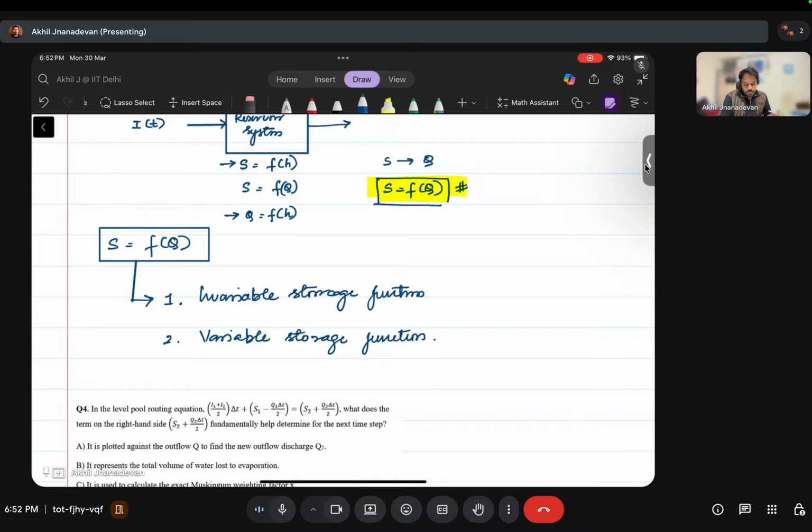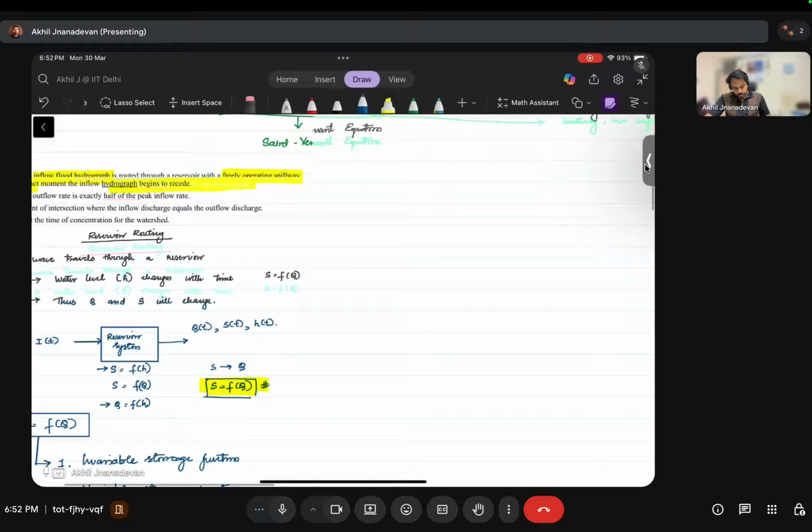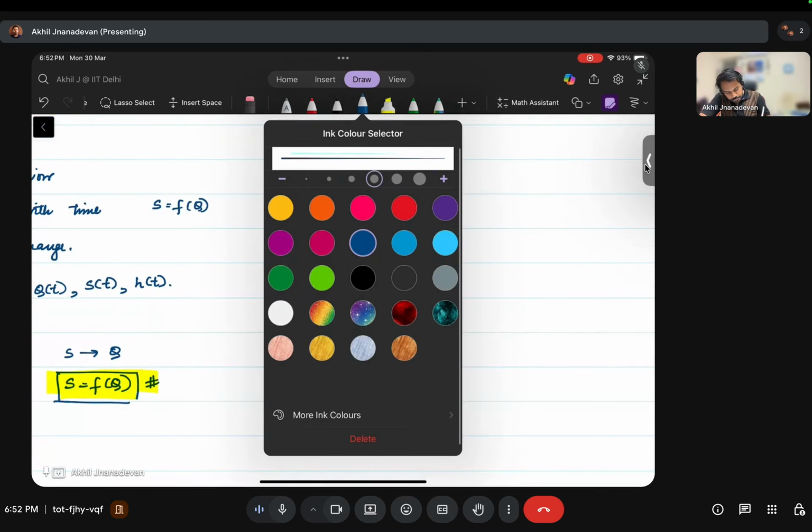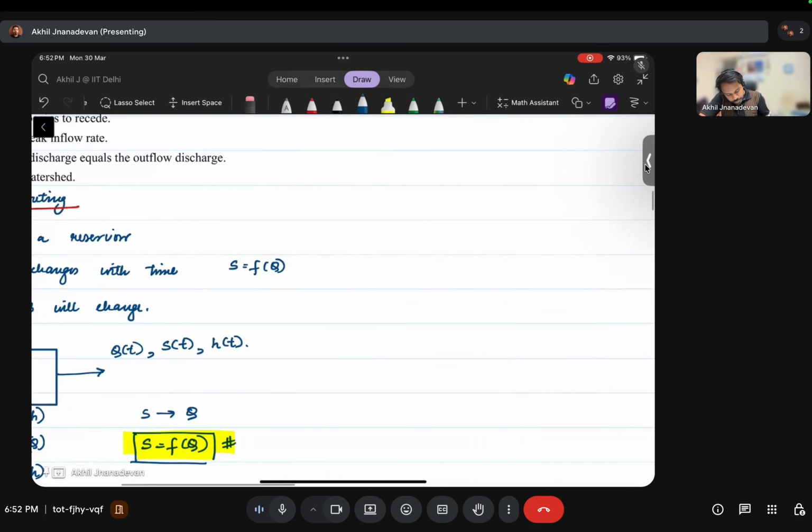Clear? So this particular relation, the storage as a function of Q, can be an invariable storage function or a variable storage function. Now we need to understand what an invariable storage function is and what a variable storage function is. We'll be discussing what an invariable storage function is.